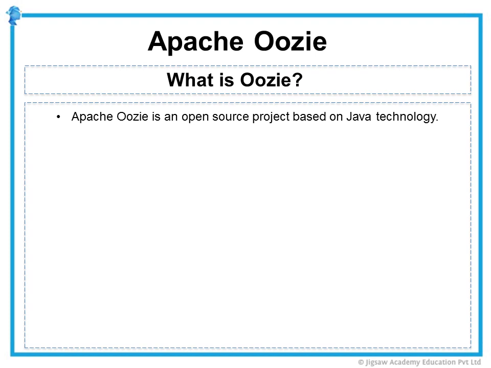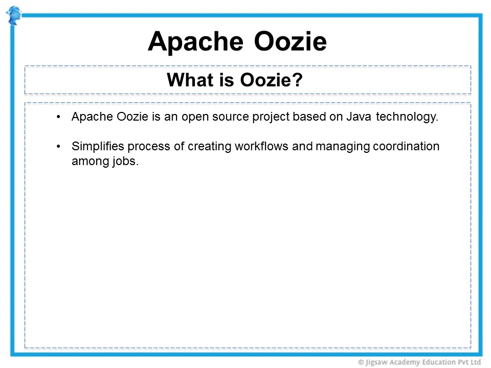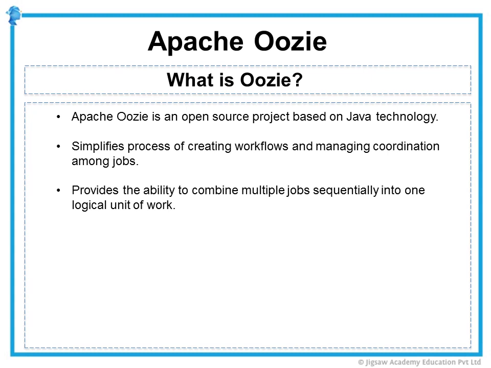Basically, Apache Oozie is an open source project based on Java technology that simplifies the process of creating workflows and managing coordination among jobs. In principle, Oozie offers the ability to combine multiple jobs sequentially into one logical unit of work.